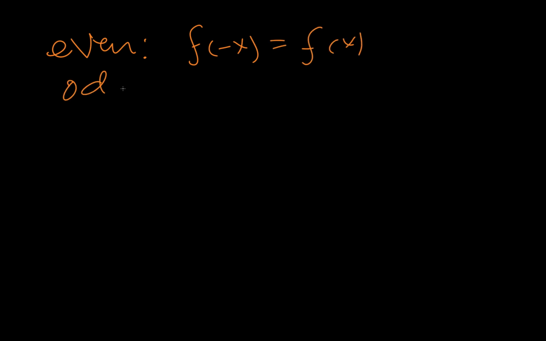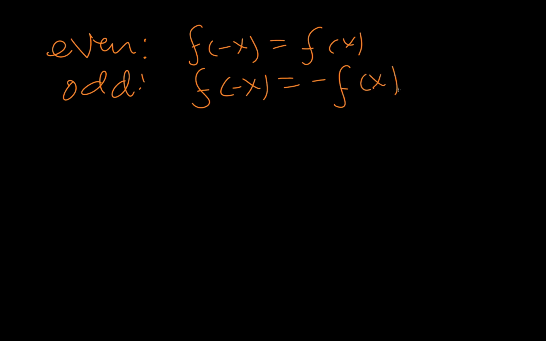The definition of an even function is if we plug in negative x to a function, we'll get the original function back out of it. The definition of an odd function, if we plug in negative x, we get negative f of x.